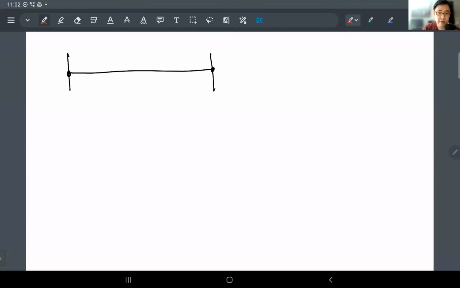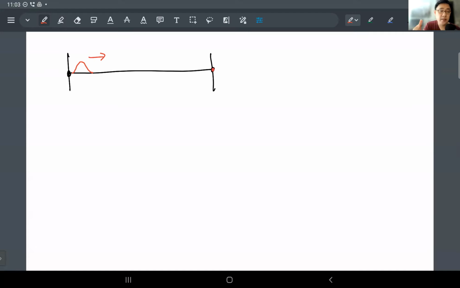So now let's say we consider just a simple pulse. Let's say I generate a pulse of wave on this string. This pulse will travel, let's say, from left to right at this point. But once it reaches the end, it's going to get reflected back.